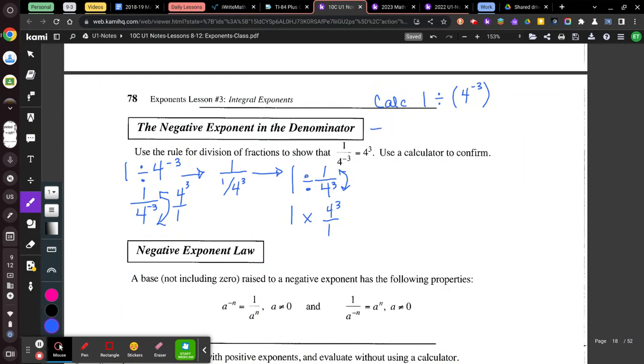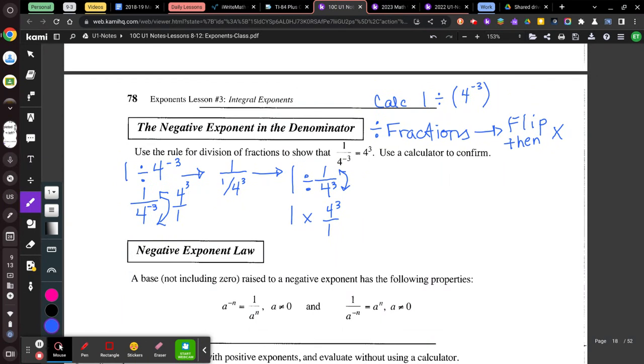So divide fractions means flip and times. So flip is your reciprocal. So flip, then multiply. So you have to flip and multiply. That's what it's talking about.